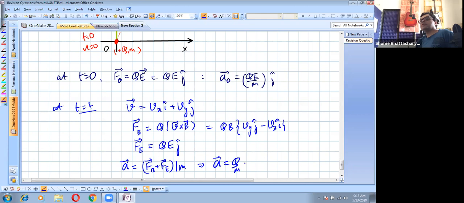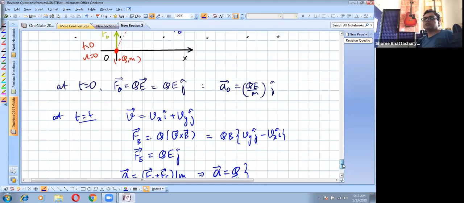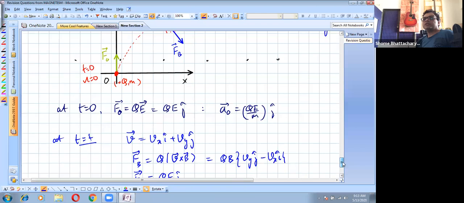Q by M. Now we will have, just a minute. Something is wrong here. The y component should be negative and the x component should be positive. So let's see if I got it correct. So i cross k should give you minus j. Yeah.